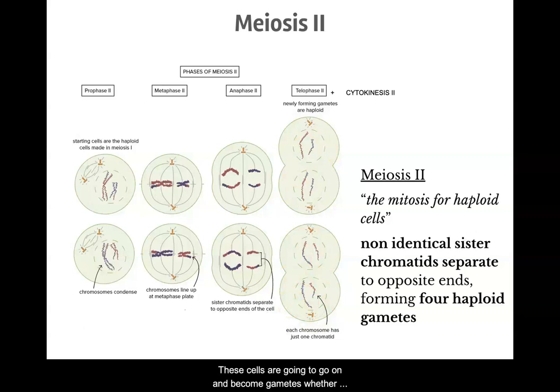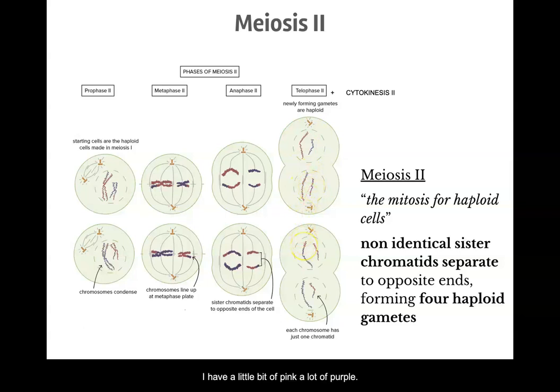These cells are going to go on and become gametes, whether they're eggs or sperm. I like this image, appreciate that they are genetically non-identical. Here we have a pink chromosome and a purple chromosome. Here I have a little bit of purple along with majority pink, and then a little bit of pink along with a little bit of purple here.